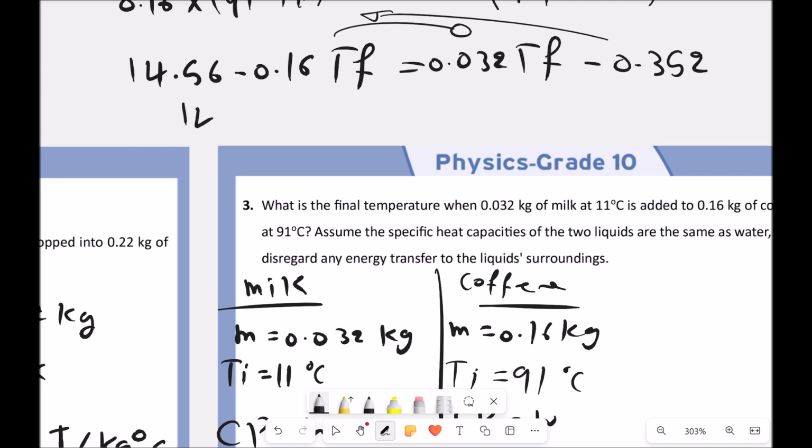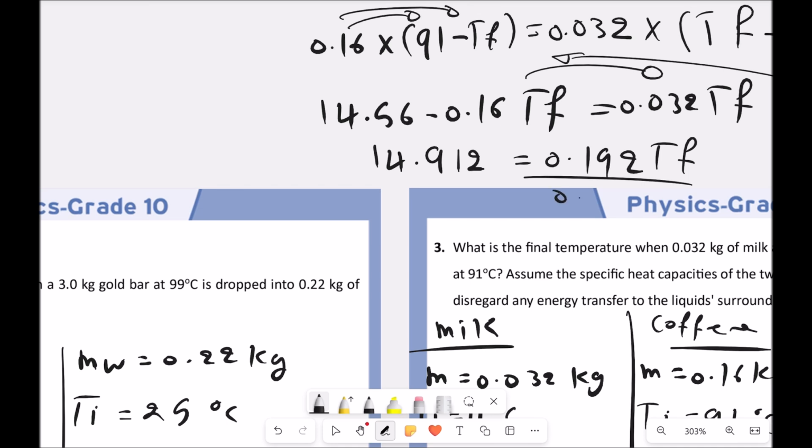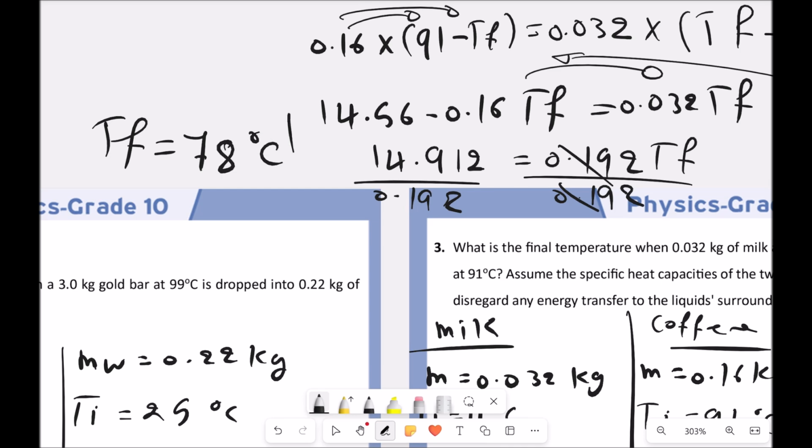You should get 4.912, which is equal to 0.192 T final. I just added the numbers and that's it. And divide this one by 0.192 and this one 0.192. Cancels. T final is going to be equal to 78 Celsius.